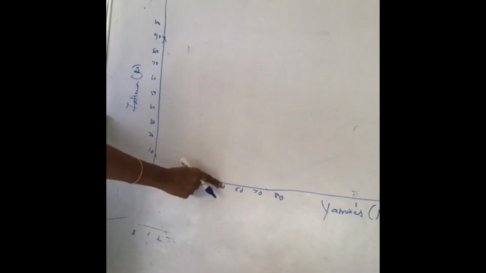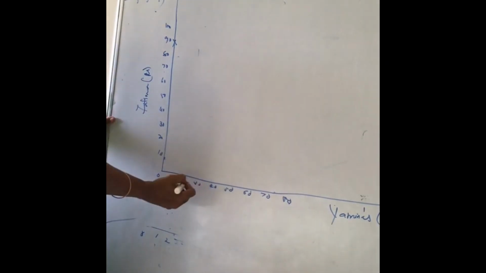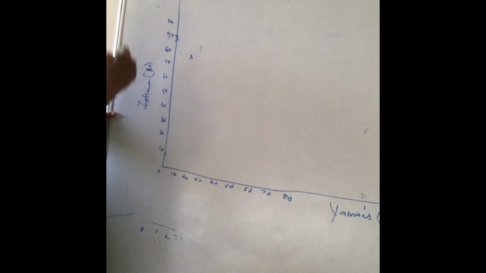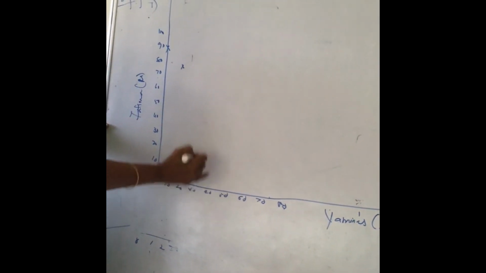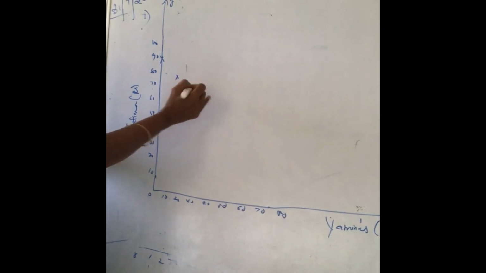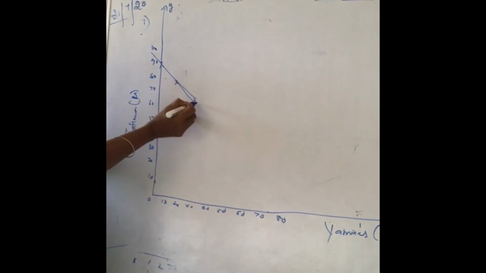On x-axis 0, on y-axis 90. On x-axis 20, y-axis 80. 30, 70. Plot the points, children. Use the ruler.